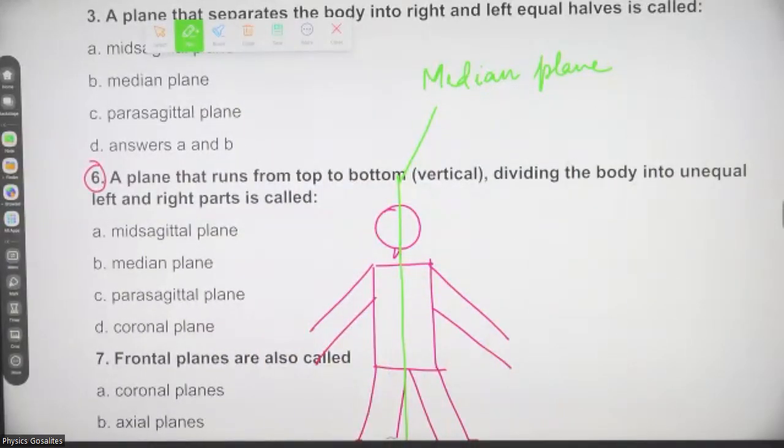I will explain the 6th question. How to do this here?